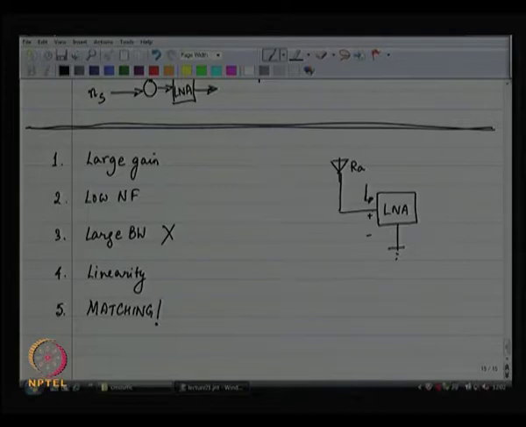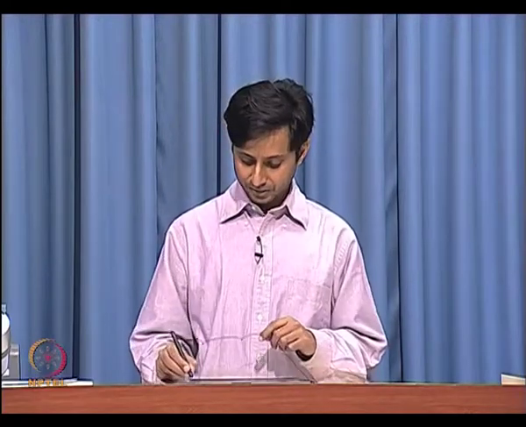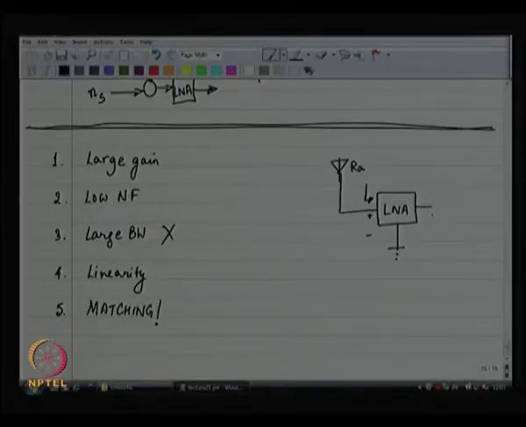What about the output? Presumably the output also needs to have matching, so that you can effectively get the maximum possible gain. So, you want to do maximum power transfer as far as the output is concerned too, right. So, as far as the output is concerned, you want to do maximum power transfer here also.